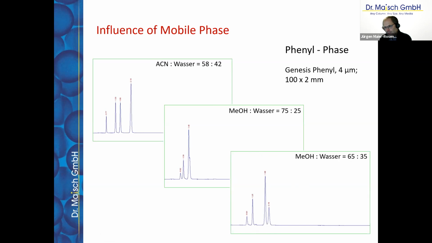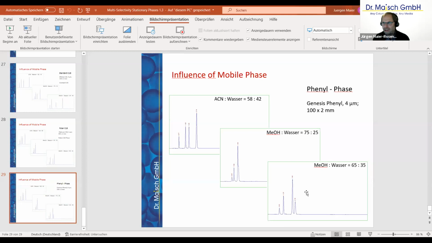So using phenyl phases, you have the possibility to easily adjust the retention of the different compounds by using methanol or acetonitrile mixtures to put the peaks exactly at the position you want. Okay, that was the overview about multi-selectivity phases and how to use them in method development.